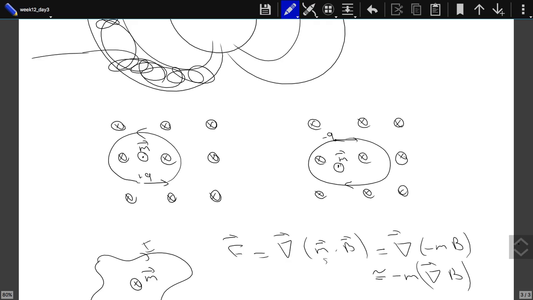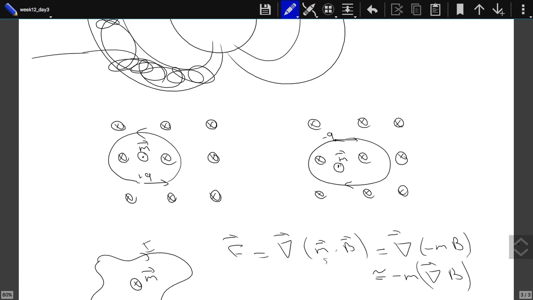So the forces are such that they will rotate in a way that the magnetic dipole moments will be in the opposite direction of the B field. If M and B are pointing in opposite directions, then their scalar product is nothing but the product of their magnitudes times -1. Well, this M is constant. Let's just take the -M out, so what remains is the gradient of B.